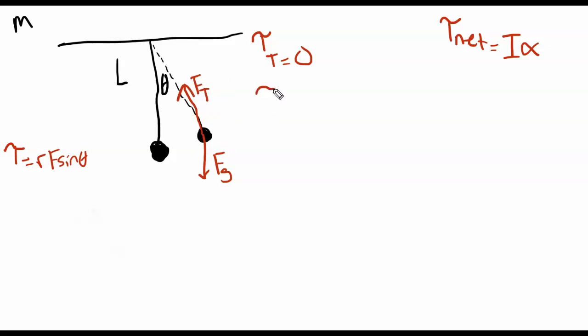Now the torque from the force of gravity would be equal to R, which here the value of R is L, times the force, and of course the force of gravity is mg, times the sine of the angle, which is sine theta. Okay, and normally you would write it as mgL sine theta. Of course, the order doesn't actually matter, but it just looks nicer. And so there's only one force providing a torque in this situation.